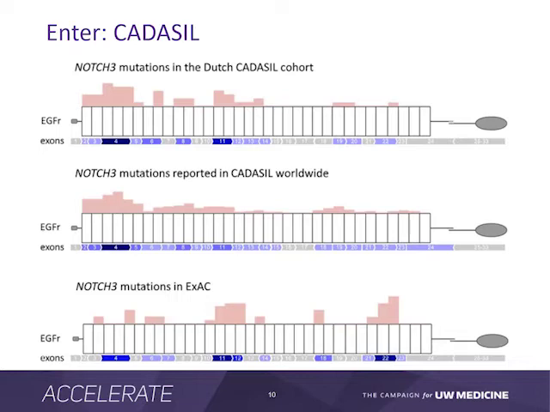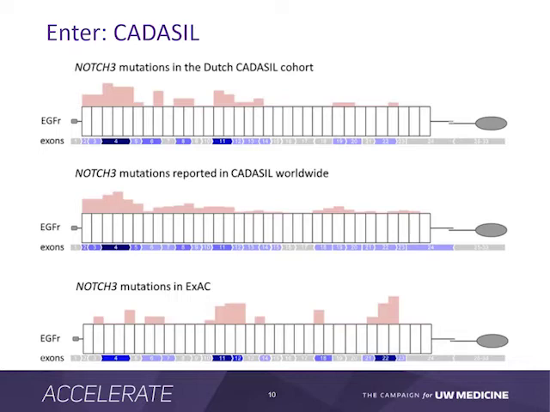First, the field of CADASIL research had recently been upended because of this big ExAC database that I mentioned before, when all these exomes came out. The people doing CADASIL research on individual families with CADASIL, like we were talking about, had found all these mutations that they thought caused CADASIL, right?